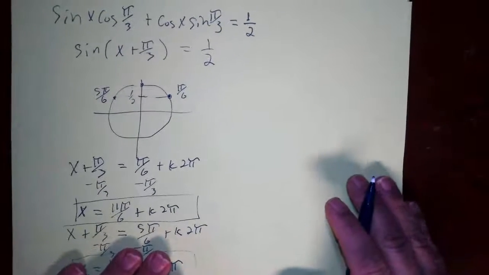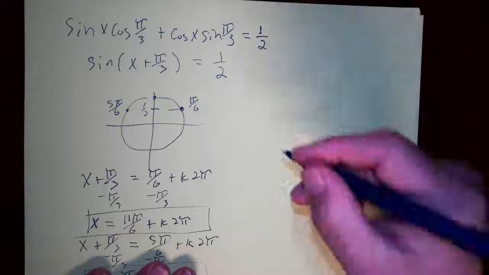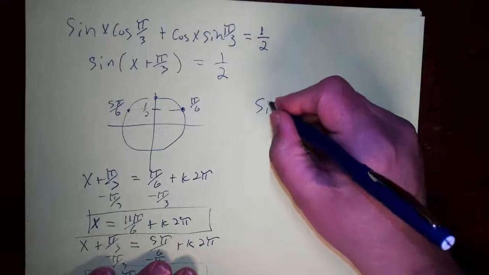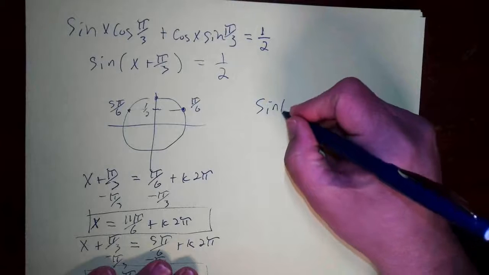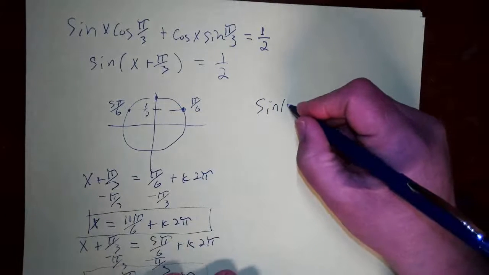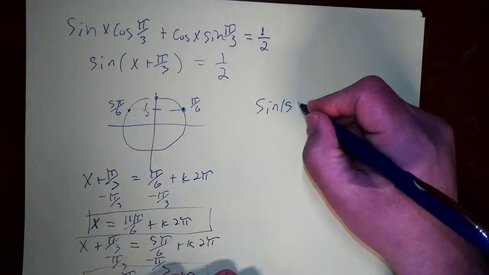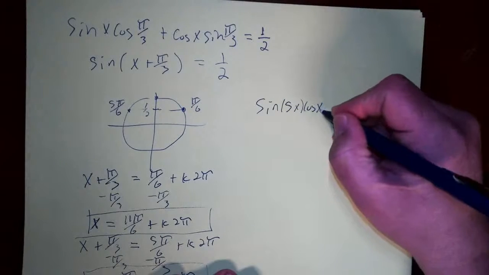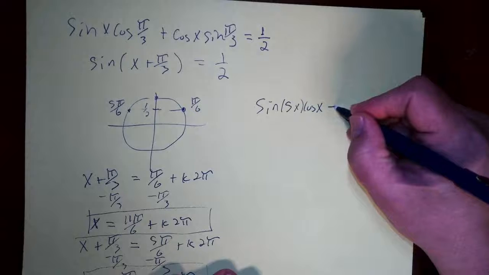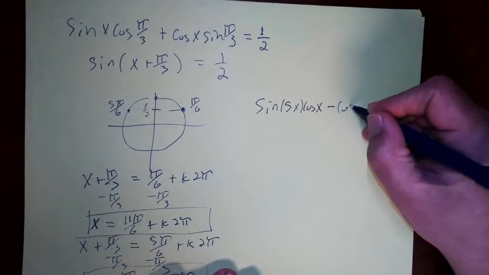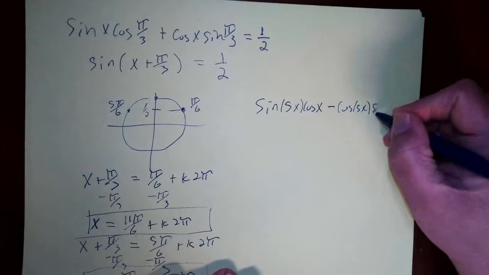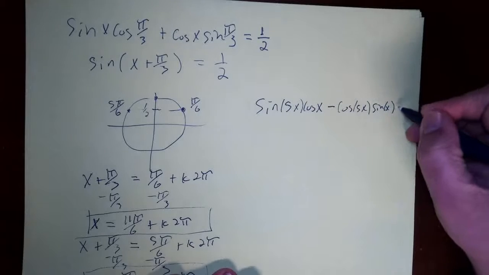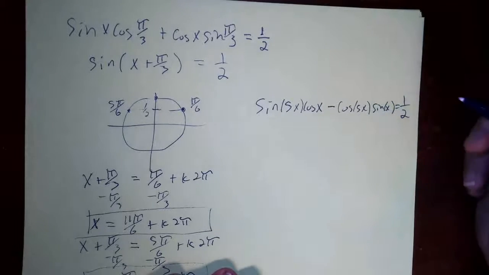Now the other one was one where, let's say I had something like sine of 5x cosine of x, and then minus cosine of 5x sine of x, and we'll say this is equal to 1/2.